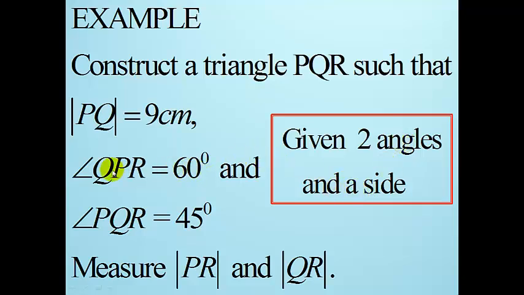The two angles are angle QPR, 60 degrees, that's the angle at P, and angle PQR equals 45 degrees, that's the angle at Q. We are given only one side, the length PQ, 9 centimeters. Now let's see how best we can construct this triangle when you are given two angles and only one side.